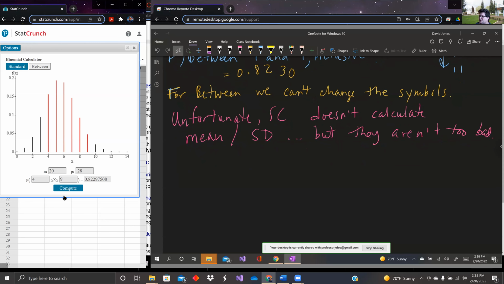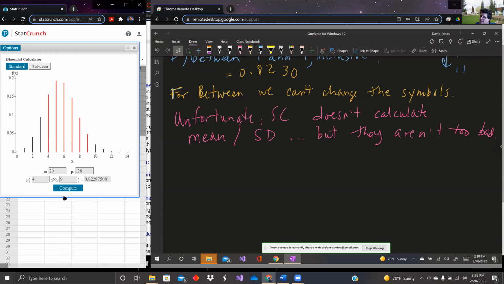The mean of this distribution is n times p. And for the standard deviation, you're going to do n times p, and then you're going to do 1 minus p, and then you're going to take the square root of all that.